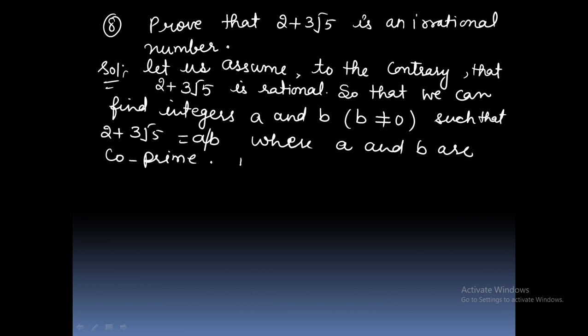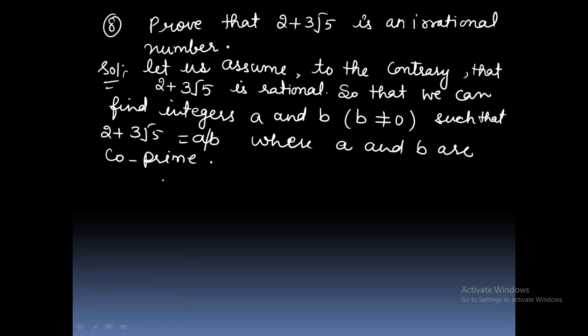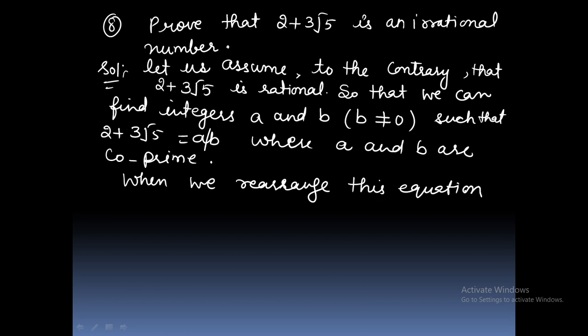When we rearrange this equation, we get 2 plus 3 root 5 is equal to a by b.